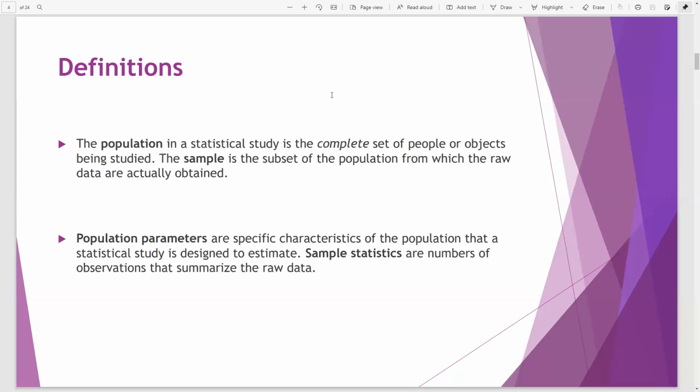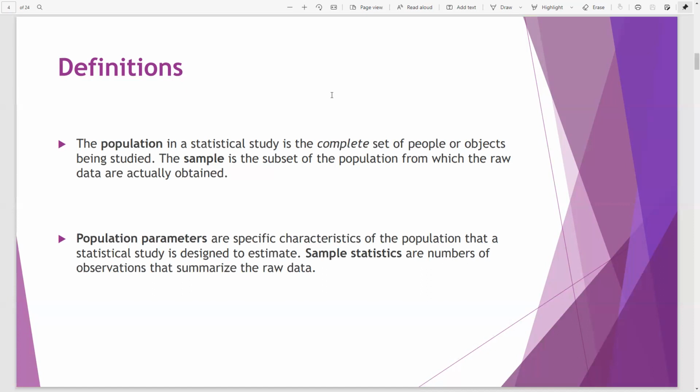All right, so the definition of population and sample. Unlike the usual word population, which is an amount of people, in statistics the population refers to a complete set of people or objects being studied.